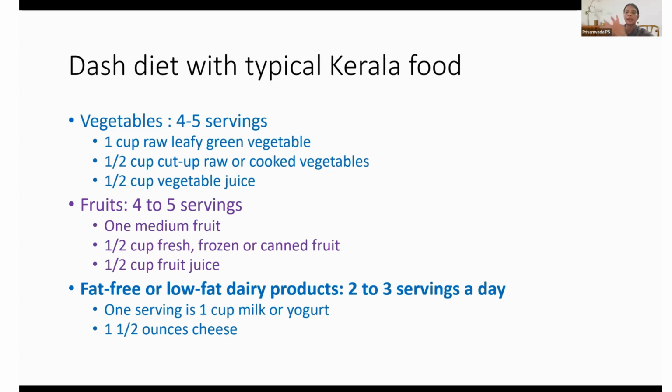Then milk again, we end up taking the required amount of milk in the form of milk or other milk products. But basically, the major issue, if we want to convert our diet to a heart healthy diet, the most important point is we need to reduce the carbohydrate calories, and we need to ensure that the patient eats sufficient amount of proteins.